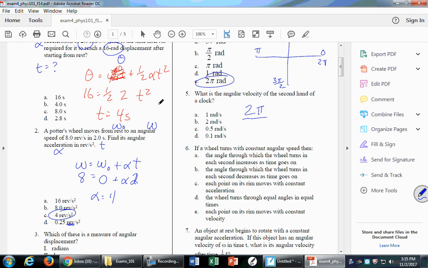Oh, 60, right, because it's a clock. 60 seconds in a minute. And so that's pi over 30, which is roughly 3 over 30, which is 1 over 10, or 0.1. And it would be negative if we were looking at signs. Remember, there's no right-hand rule business, but you do need to know clockwise, counterclockwise is negative or positive.